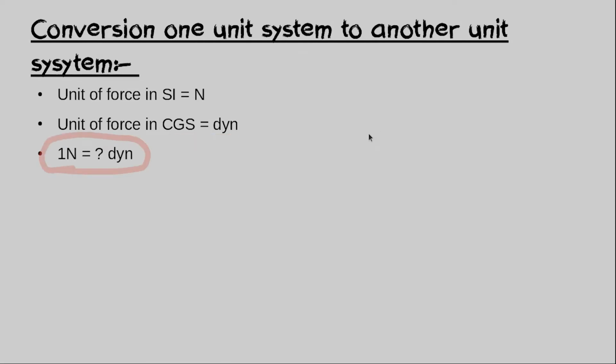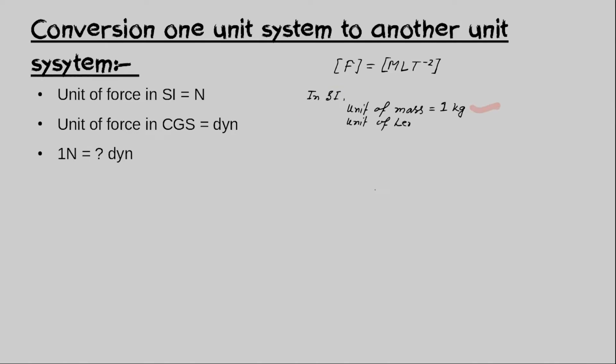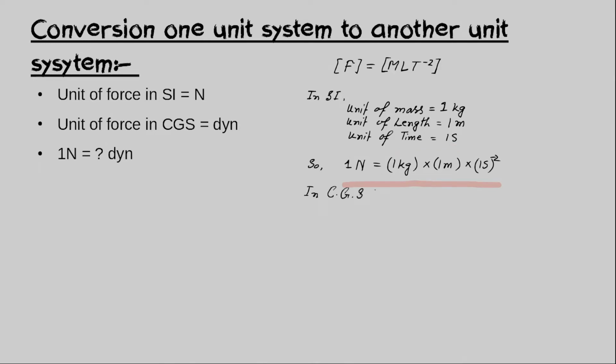We know the dimension of force F is equal to MLT^-2, and in the SI system the unit of mass is 1 kg, unit of length is 1 meter, unit of time is 1 second. So we can write from the dimension of force, 1 Newton is equal to 1 kg into 1 meter into 1 second to the power minus 2.